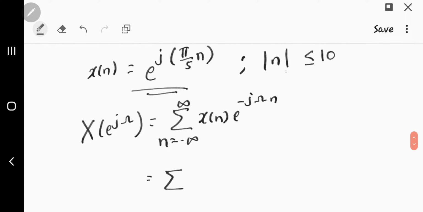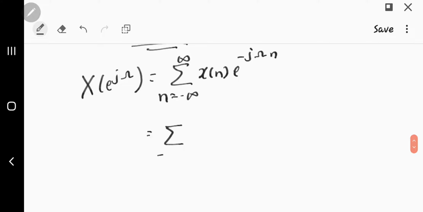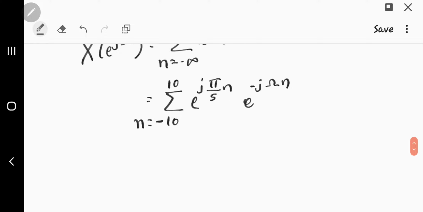So n can take positive or negative value. So the limit will be, if it takes negative value, then n will be varying from minus 10. If we take positive value, plus 10. So both we have to consider. So our limit will be n is equal to minus 10 to plus 10, and x of n is e power j pi by phi n into e power minus j omega n.